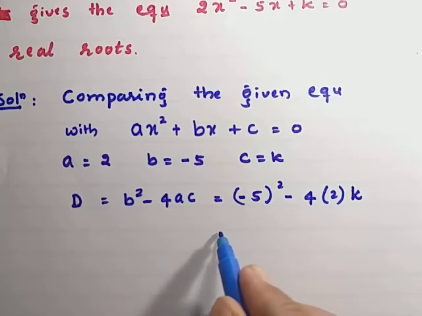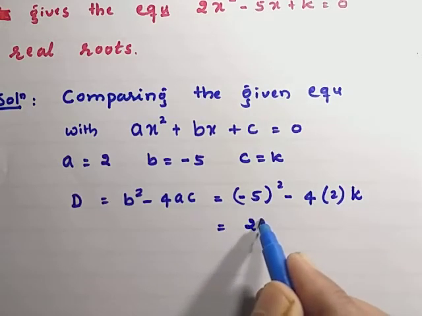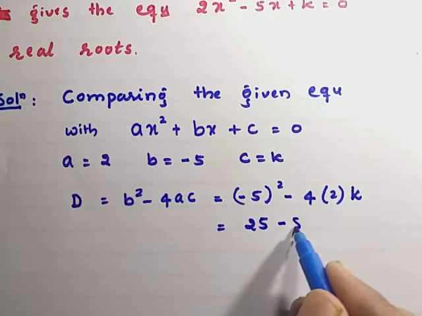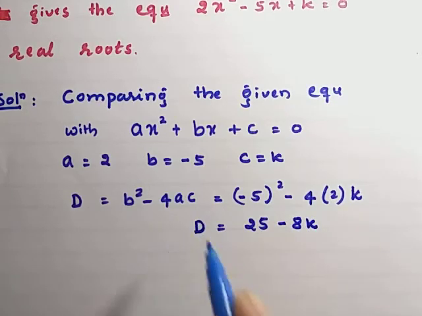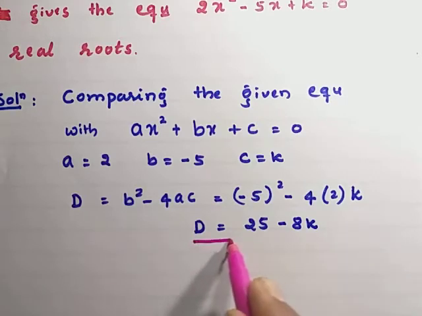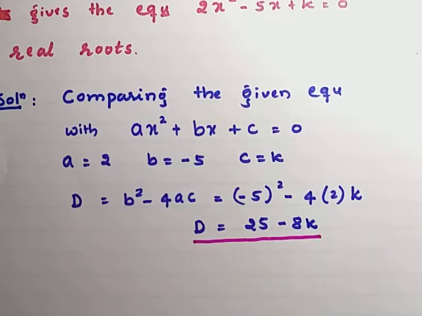Well, this is equal to 25 minus 8k. Delta value, that is discriminant value, has come to be 25 minus 8k.